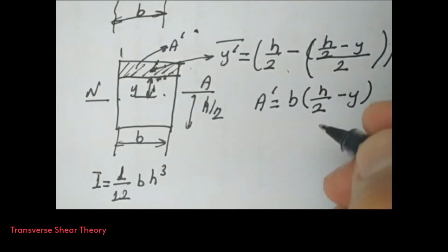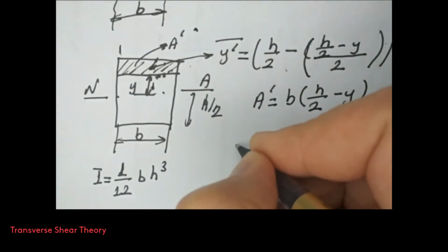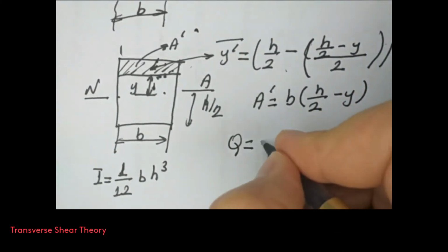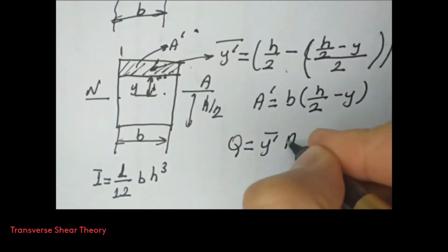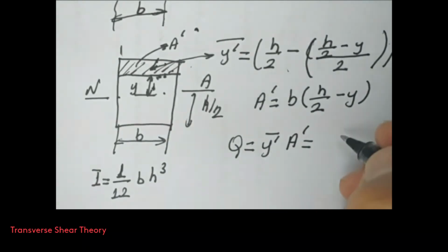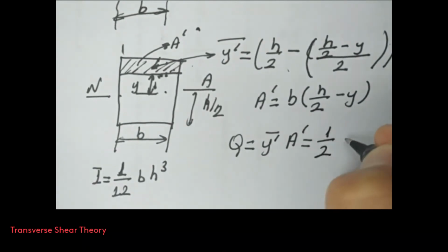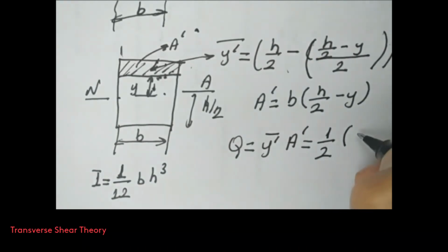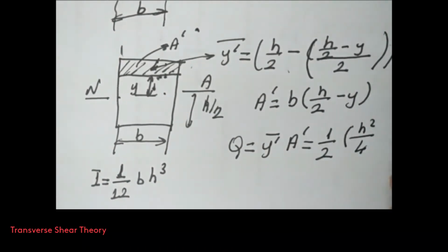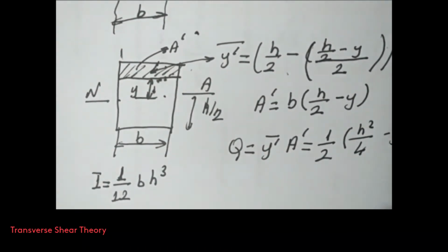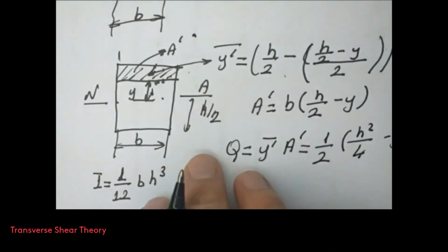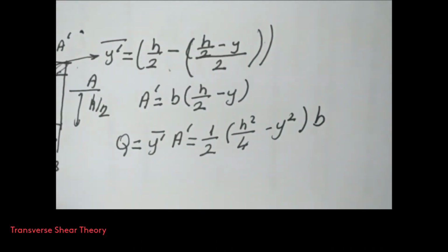If you calculate the Q value from here, Q is y prime bar multiplied by A prime, and if you do the calculation, what you are going to get is 1 over 2 times h square divided by 4 minus y square, multiplied by B. This is our Q value.